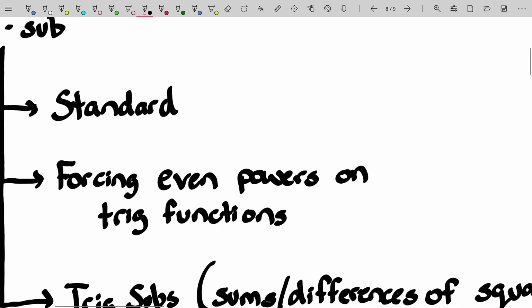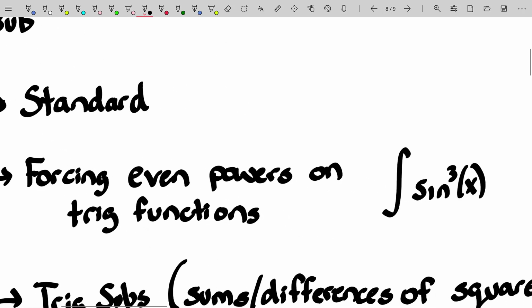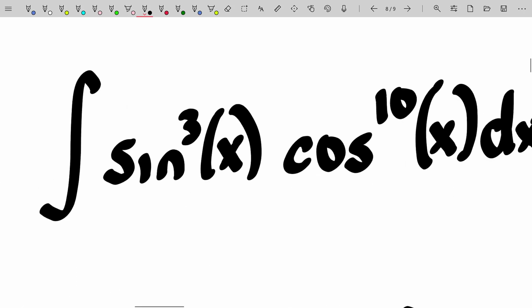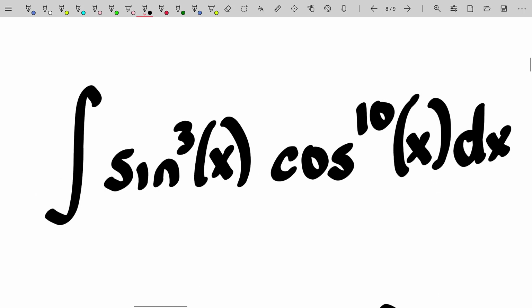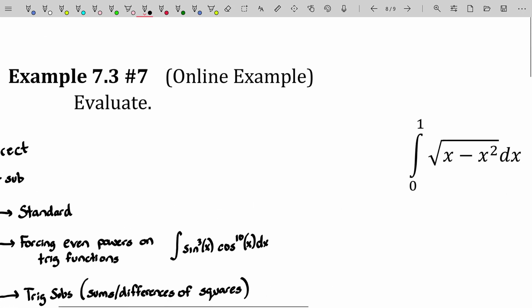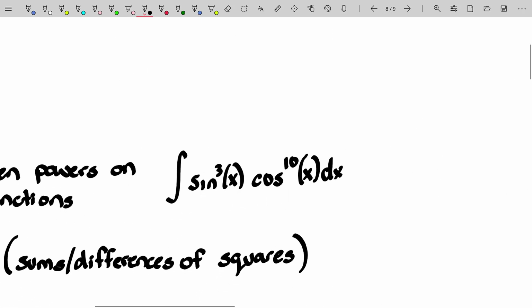That would be if you have the integral of, say, sine cubed of x times cosine to the 10th of x dx. You would do a smart substitution here to force this odd exponent to become even. And that smart substitution in that case would be the cosine substitution. It would steal away a single power of the sine. But again, that's not what we're dealing with in this example, so I'll erase it.